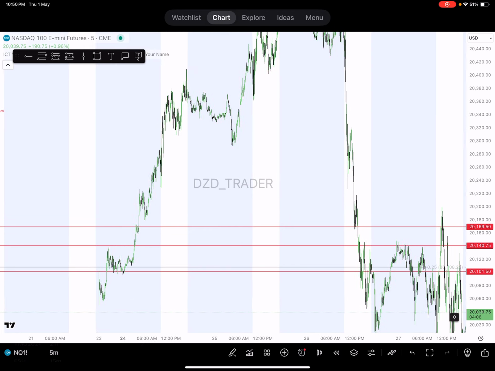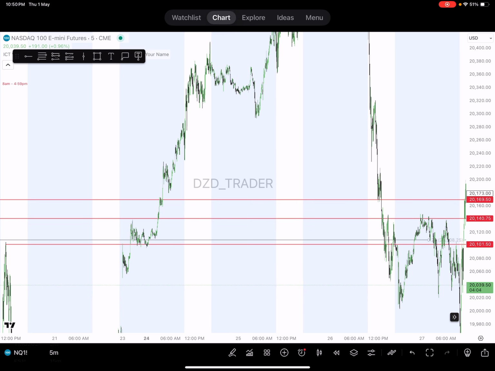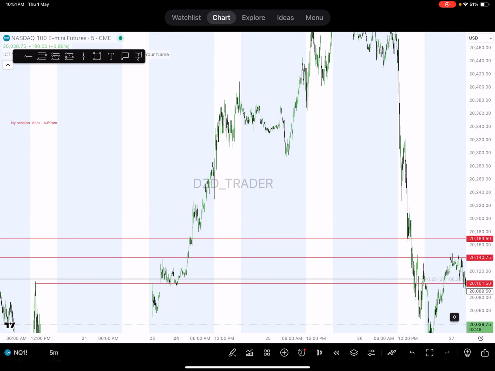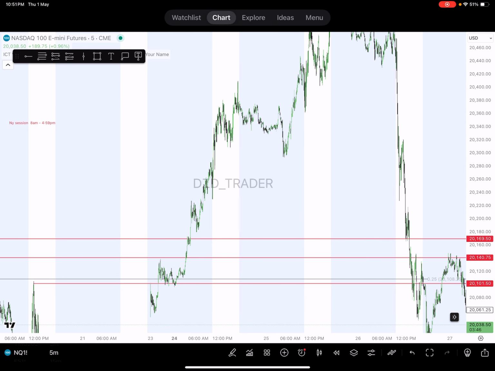What if the market is just going up? Well, I already gave you some targets. This is consolidation, and if price is going up, where is it going up to? It's going to this liquidity. Then where is the next liquidity? New York session high, does it test it? Yes, it takes it out. Now what do we do? Do we rest? Well, of course, there might be some other factors previously, but what if we don't have any previous factors?